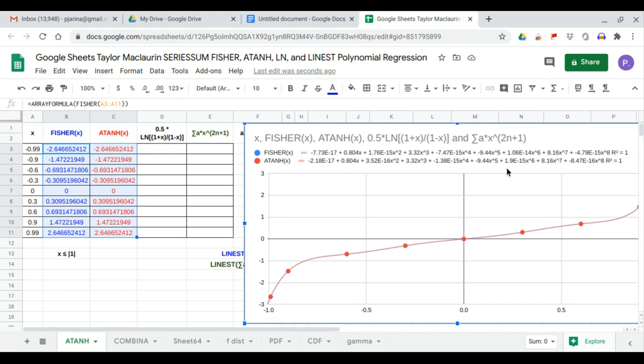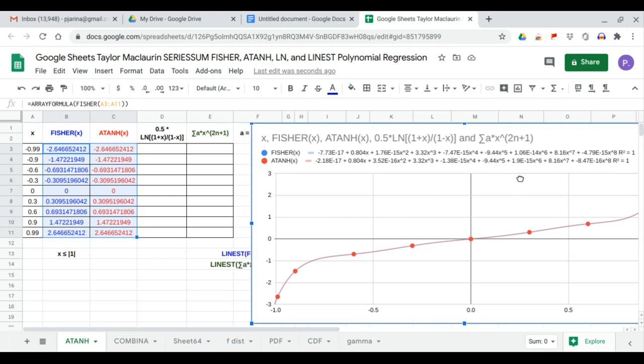And b5, -9.44, they match. b6, 0. b7, 8.16, there's a match. And b8, they don't match, but the values are all 0 because 4.79 times 10 to the minus 15 is 0. 8.47 times 10 to the minus 16 is 0.